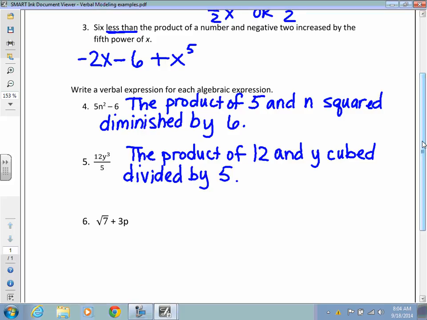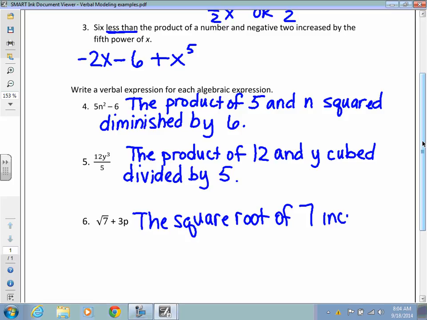When we have a radical, on the outside we don't call it radical. We actually say the square root of 7, because that's exactly what it says, but you put it in words. You have to write it all out. So the square root of 7. Any word you want to insert for plus sign, so I'm going to use increased by.